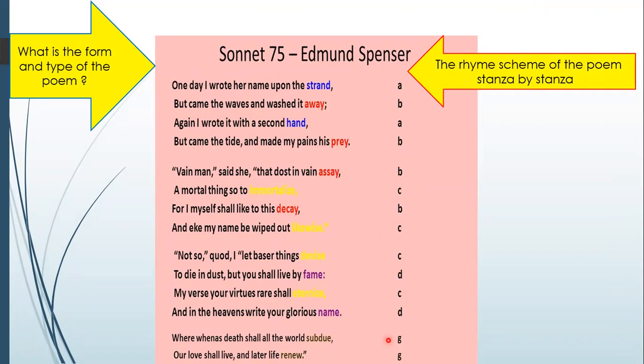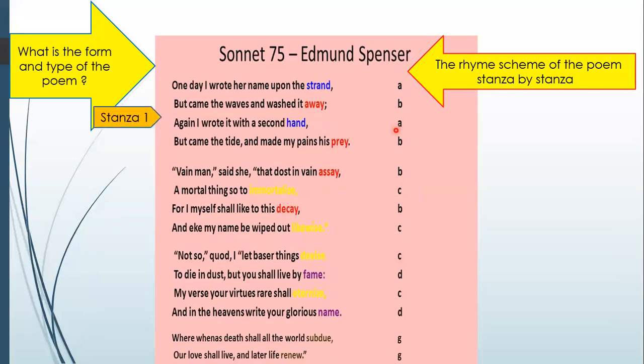And we mentioned that in couplets, both of the lines have the same rhyme. So G and G, so subdue and renew. So this is the rhyme scheme of the poem. And each one of the stanzas here has its own rhyme.